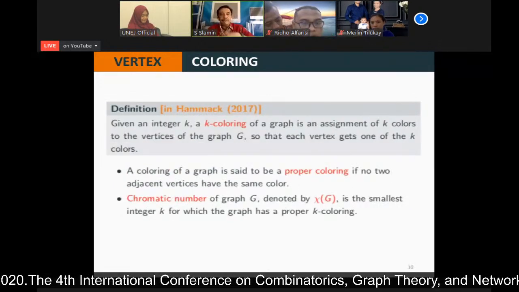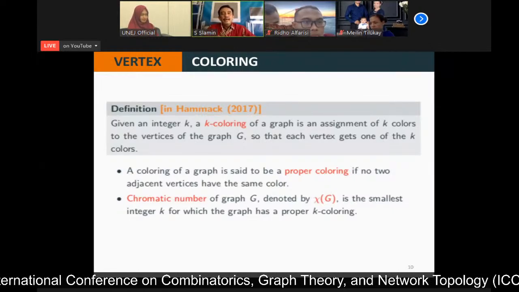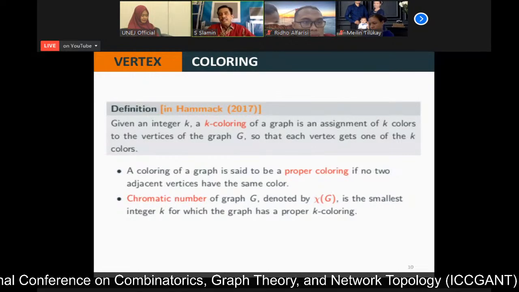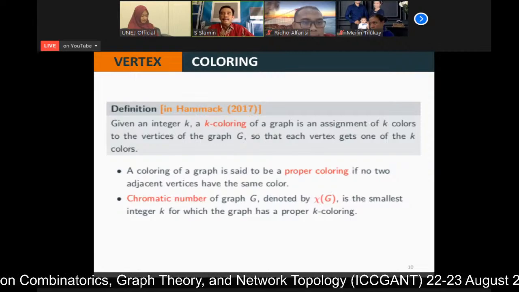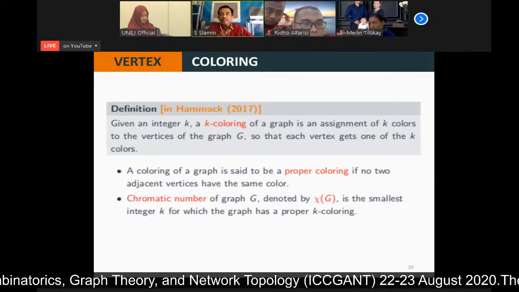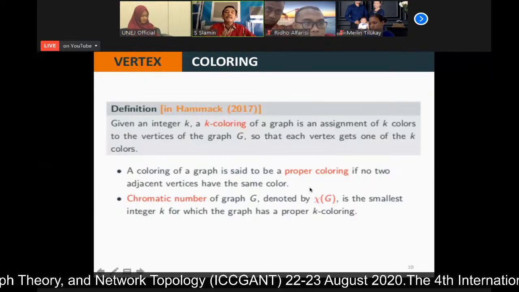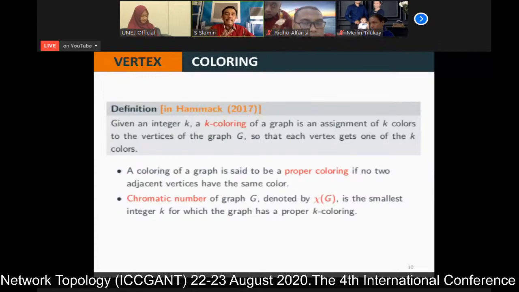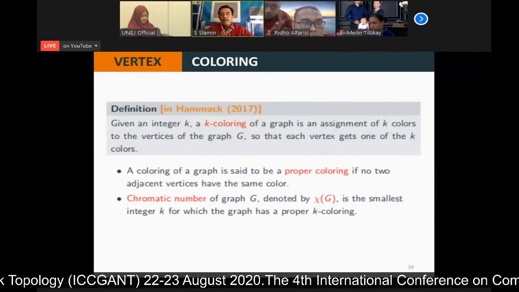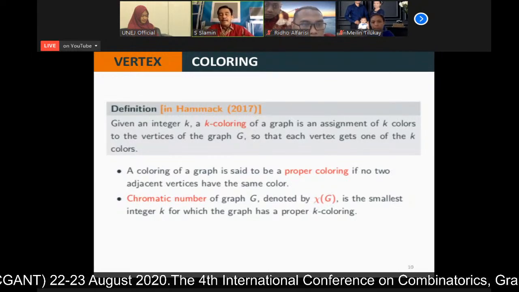Another version of the definition we can find in Hammett in 2017. Given integer k, a k-coloring of a graph is an assignment of k colors to the vertices of G so that each vertex gets one of the k colors. In this case, we don't care if the vertices are adjacent or not.